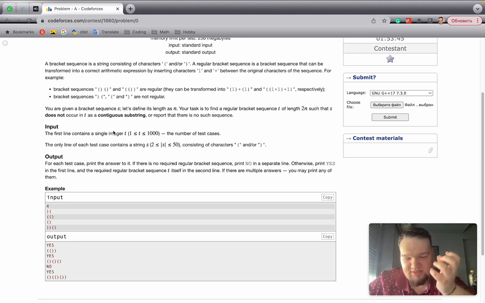So yeah, after reading a string, if it is just opening, closing, then no. If there are two consecutive equal characters, then just alternating like this. And otherwise, it means that there would be closing and opening, and then we can do something like this, just n opening brackets and then n closing brackets.